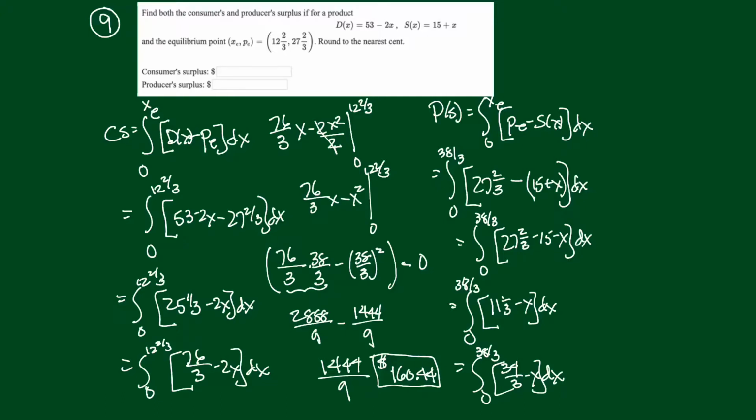Let's go up to the very top and do this one. Let's evaluate this integral. We are going to get 34 over 3 x minus x squared over 2, going from 0 to 38 over 3.